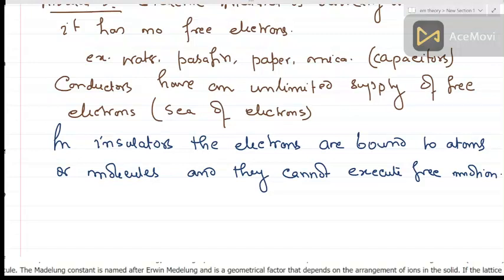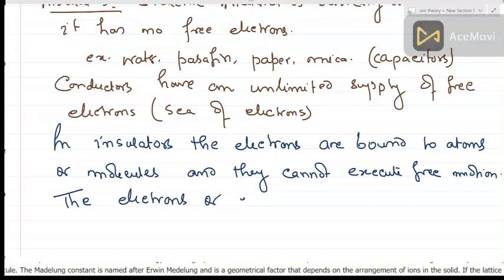The thing is that they cannot move freely when subjected to external electric fields, but it is not that they cannot do any movement. Movement can be of many types: rotation, vibration, oscillation are also movement. What happens in an insulating dielectric?